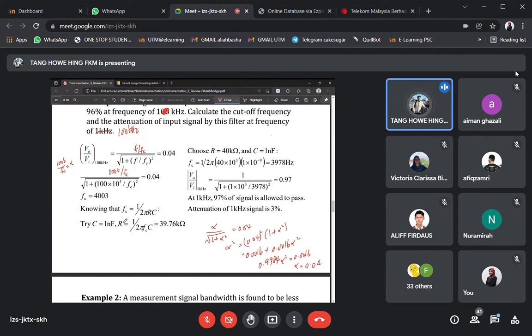Then because alpha is equal to 100k divided by the cutoff frequency, which equals 0.04, therefore the cutoff frequency has to be equal to 100k divided by 0.04.